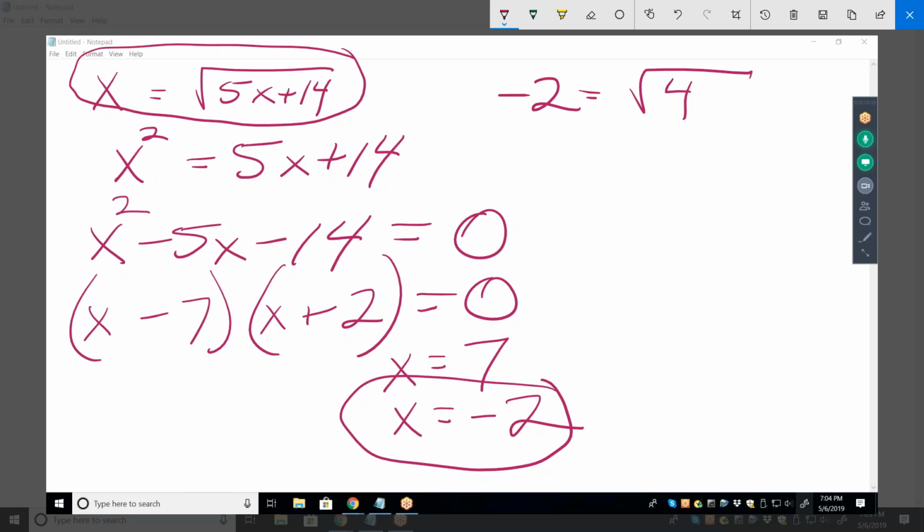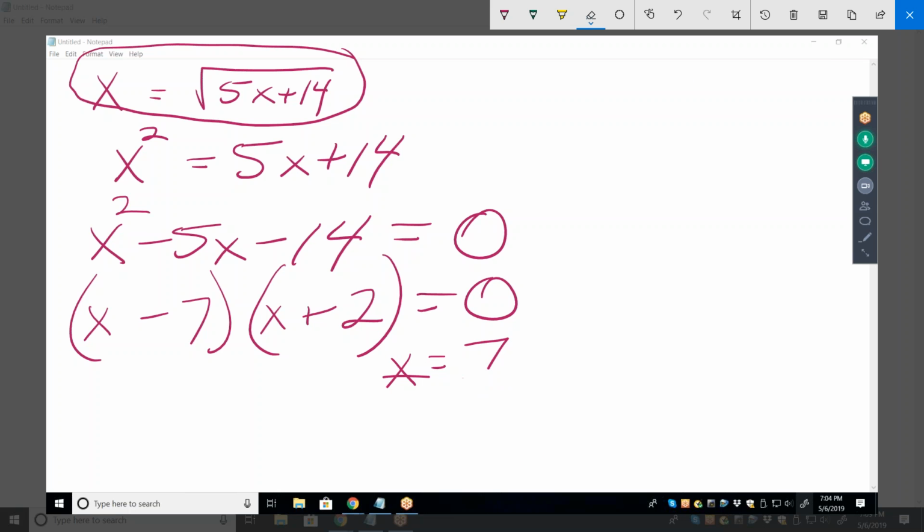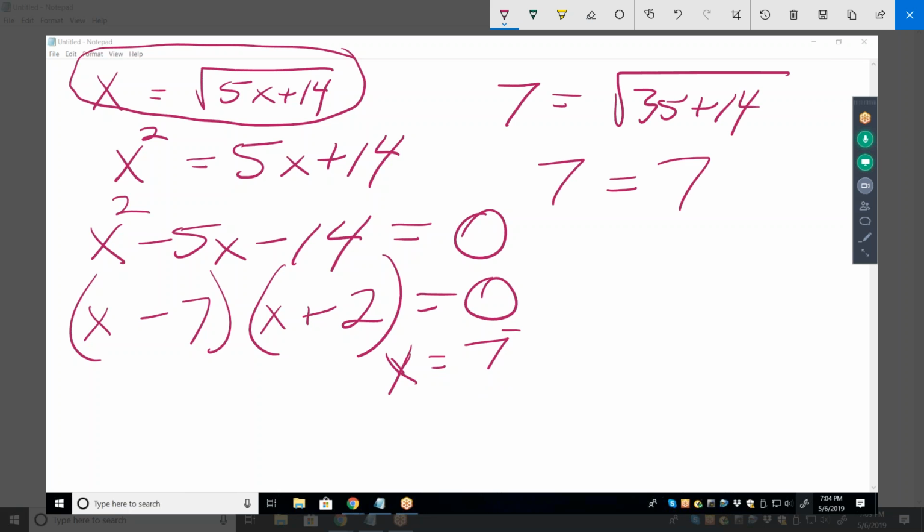So it'd just be 7, right? Well, the square root of 4 is positive 2. Right. 7 works, I believe. 7 equals the square root of 35 plus 14, which is 49. So yeah, 7 works, but only 7. Remember, both of these things don't have to be 0, just one of them.